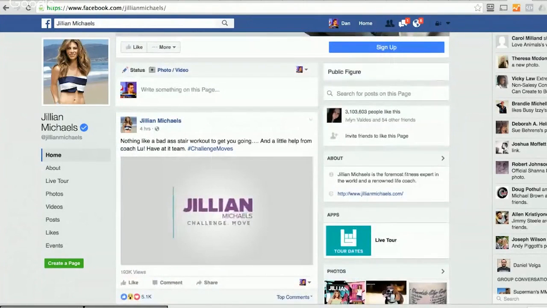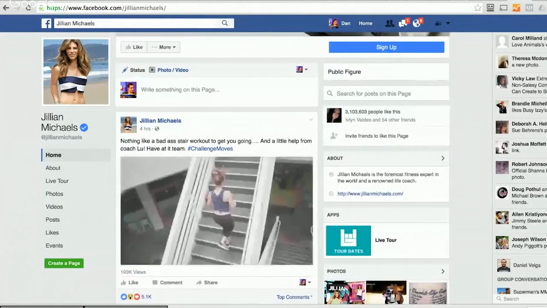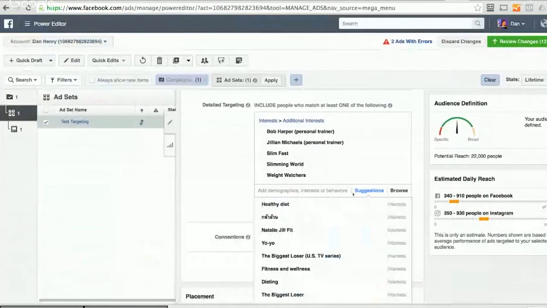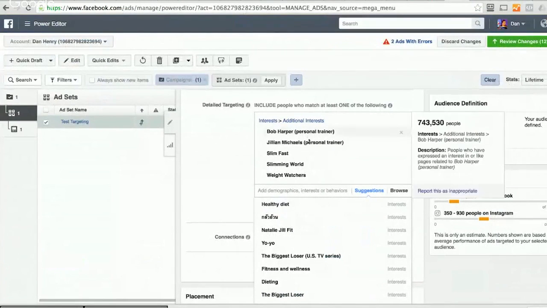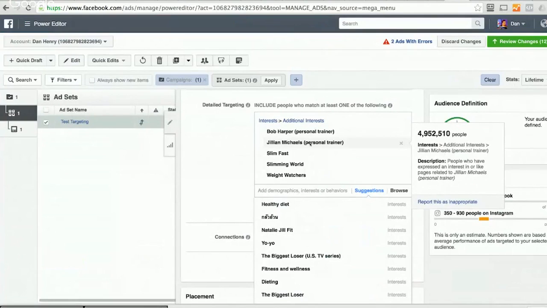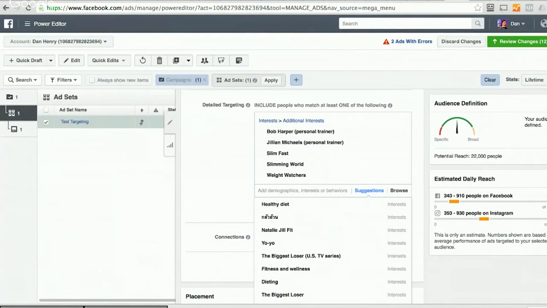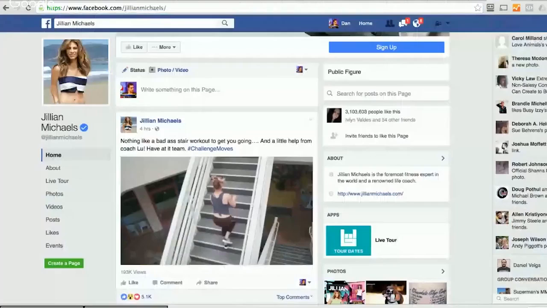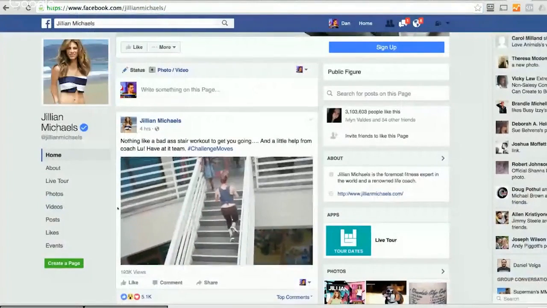Okay, so let me go back to my ad set, and what does it say here? Jillian Michaels, 4.9. So the majority of this audience here is probably people that like this exact page.